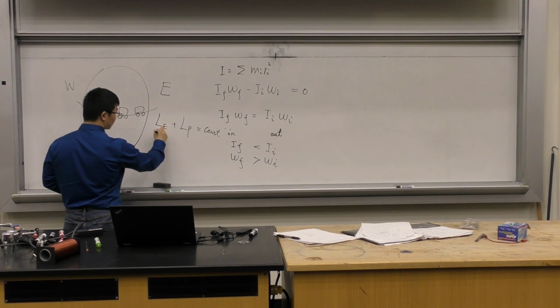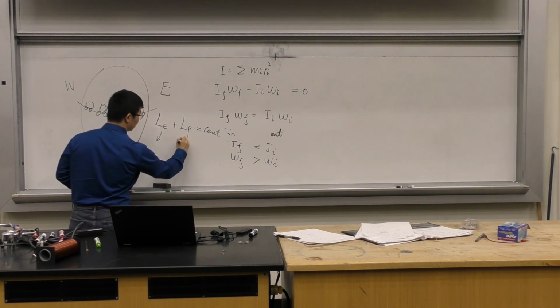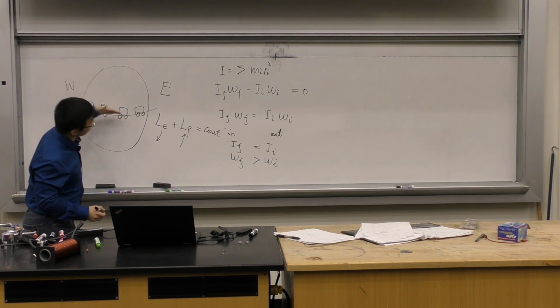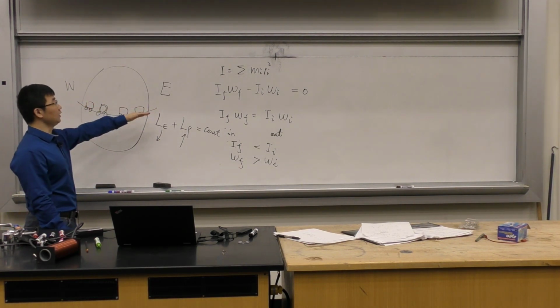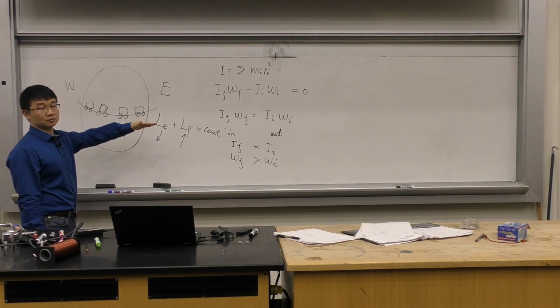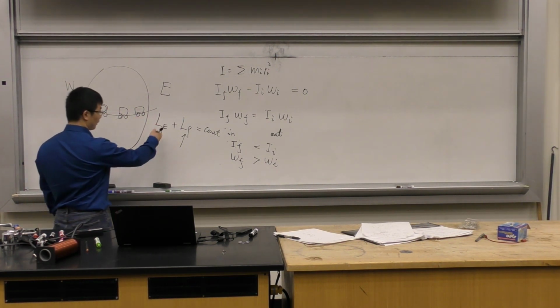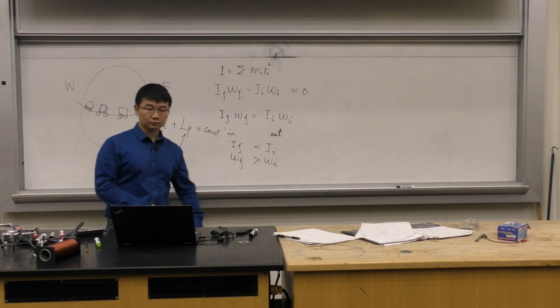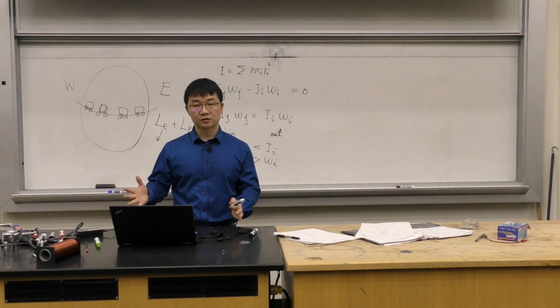In order to make this guy smaller, you're just going to increase this guy. So you're just going to make sure the cars are even moving to the east. So the cars are even moving faster than the Earth in that direction. Okay? So then this guy can slow down because the sum should be a constant. Either way, it should be consistent.